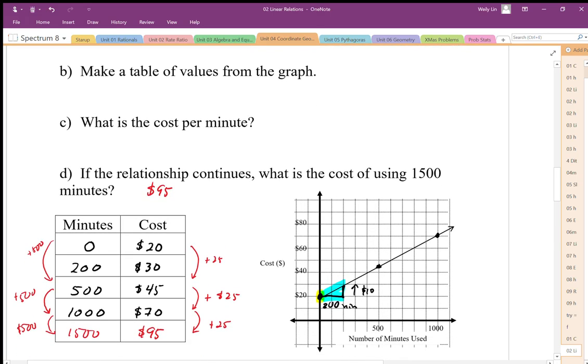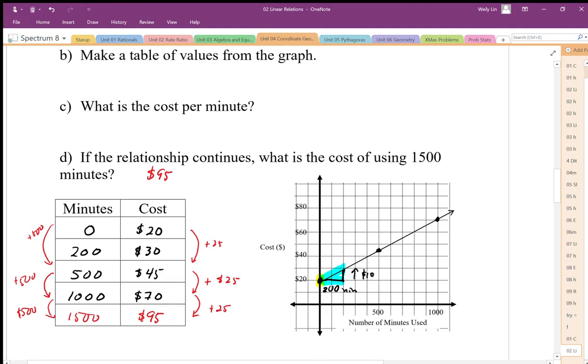I think I kind of missed one question here. What is the cost per minute? Well, if it goes up $10 for every 200 minutes, this is my ratio, $10 for 200 minutes. This is a proportion, and my proportion is going to be the same because I have similar triangles here.